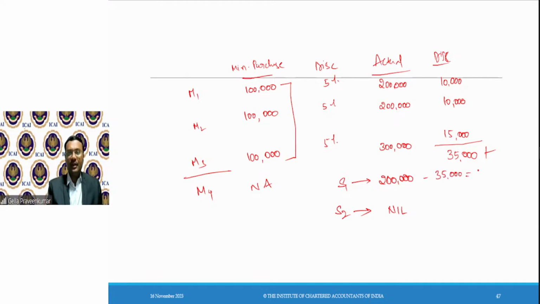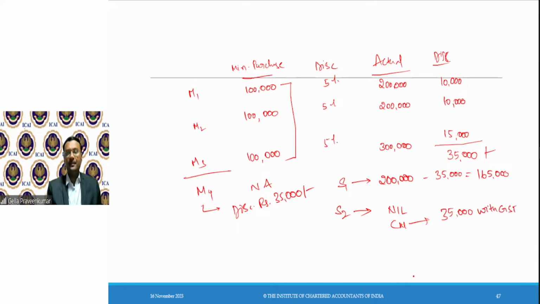On the balance figure of 1,65,000, GST would be charged. Assuming in scenario 2 there is no purchase made by the customer, but my customer in month 4 is entitled to a discount of rupees 35,000. So what will I do? I give a credit note for rupees 35,000 with GST.